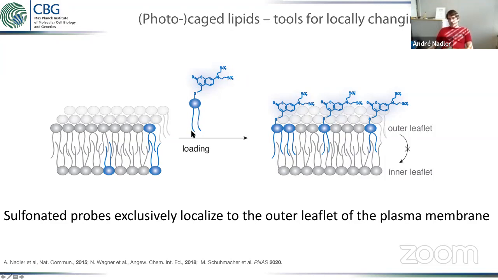The driving force for that is that the fatty acid side chains get incorporated into the hydrophobic part of the outer leaflet, but the sulfonates on the coumarin group, due to their intrinsic negative charge, completely block lipid flip-flop. So prior to uncaging, these molecules reside in the outer leaflet only, and only after cleavage of the coumarin group can they begin to be moved to the inner leaflet.